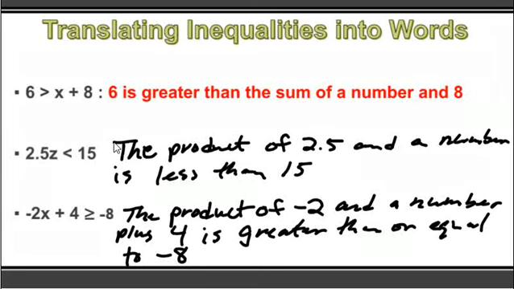Again, that's just one way of writing that inequality.